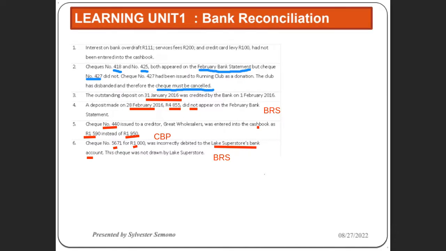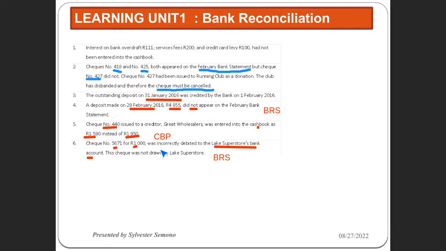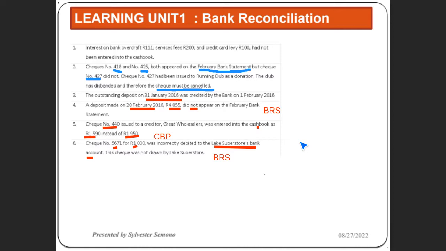Can you see number 6? Yes. There was an error. They say the amount was incorrectly debited, meaning they took money from our bank account by mistake. How can I correct them? Will I debit or will I credit?